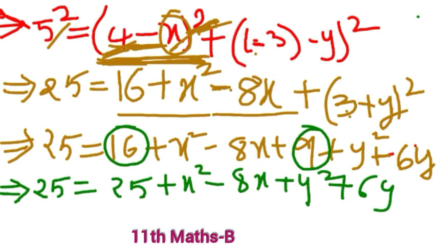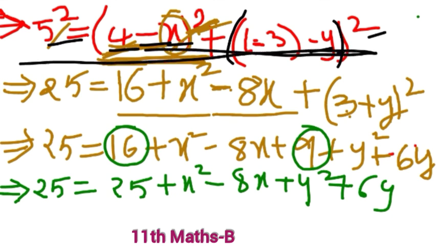Next, after getting the equation, 5 square is equal to (4 minus x) square plus (-3 minus y) whole square, right? This is what we got from the previous page. Here 5 square is equal to 25, 4 square is equal to 16.